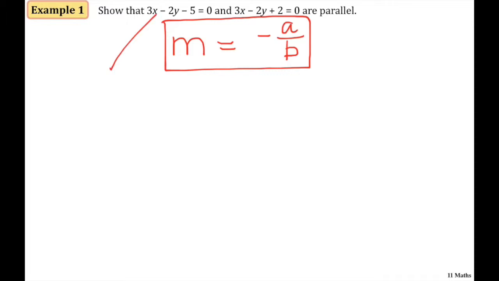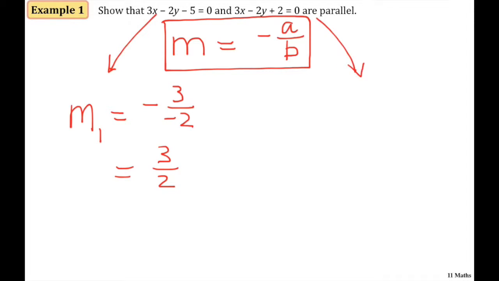So for line 1, the gradient equals minus the number in front of x, which is 3, over the number in front of y, which is -2, so it equals 3 over 2, because the two minuses cancel each other out.